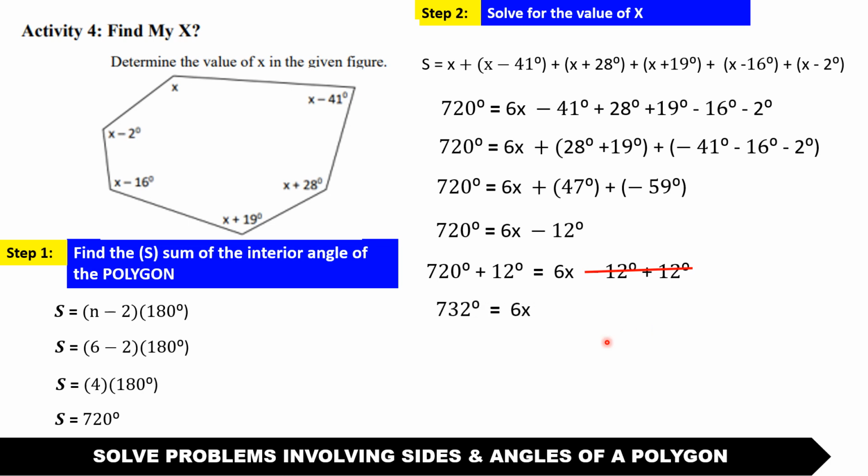Now, let us proceed. We have 732 degrees equals 6x. And to find the value of our x, dapat matanggal si 6. So, divide both sides by 6. Now, canceling 6, we got 122 degrees as the value of our x.